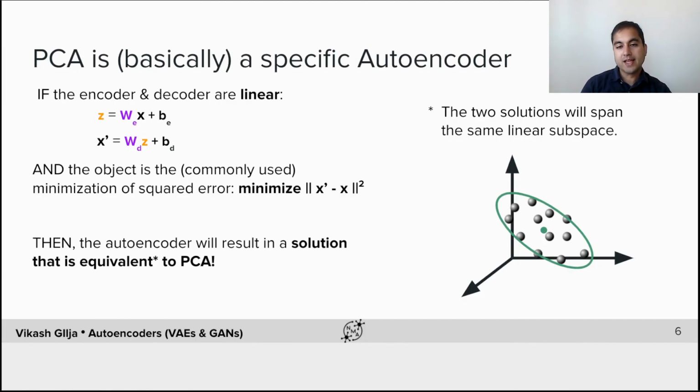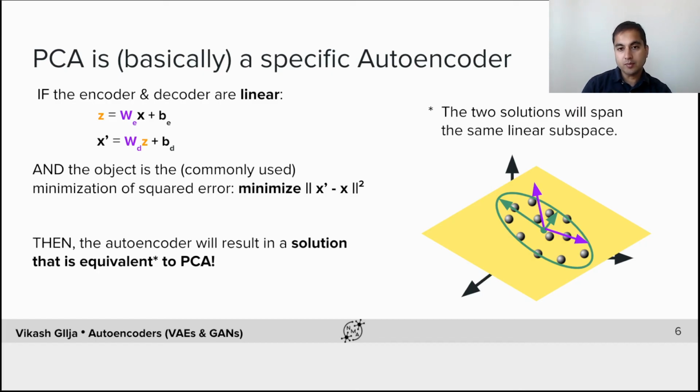And the two largest axes of that ellipsoid will form a plane. Now, if we take our linear autoencoder with least squares objective function and we fit it to the same data points, it turns out that the projection vectors will live on the same plane as our PCA solution. And so this is what I mean by equivalence.